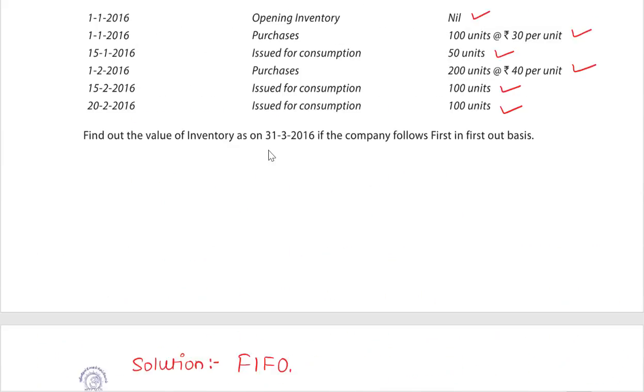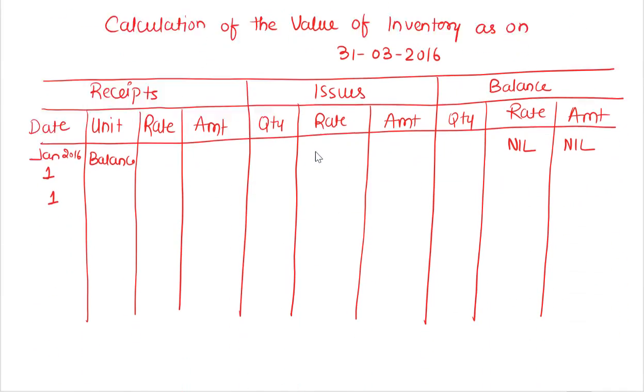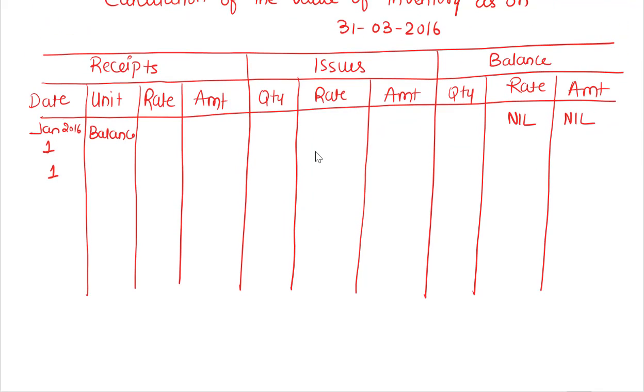Again, on 1st January 2016 there is a purchase of 100 units at 30 per unit. Units 100, rate 30. 30 multiplied by 100 equals 3000. Issue is nothing. The balance is 100, 30, 3000.